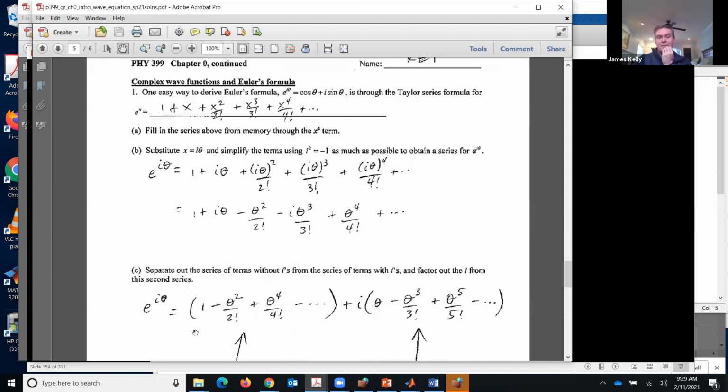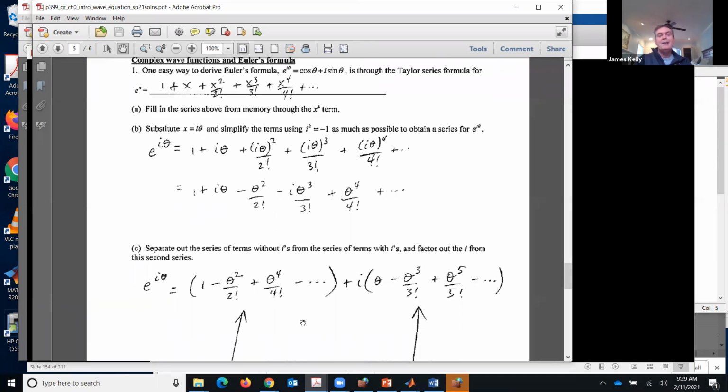So let's put those out here. They don't have any i's. I'm going to group them all together. And then the second, the fourth, and the sixth term are all complex. They all have an i out in front of them. I'm going to group them together, factor out the i, and then I'm going to try to recognize what this series is here and this series.